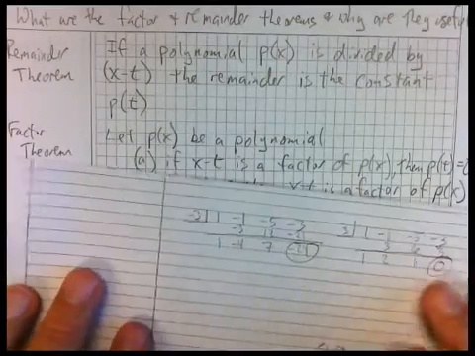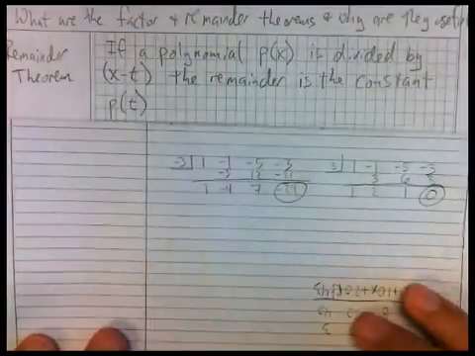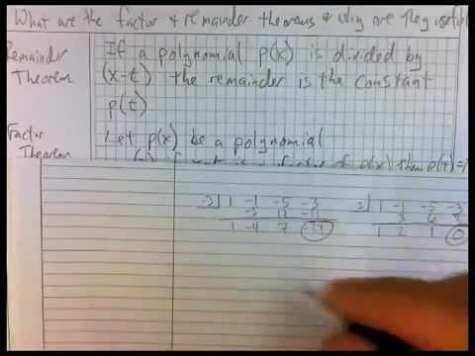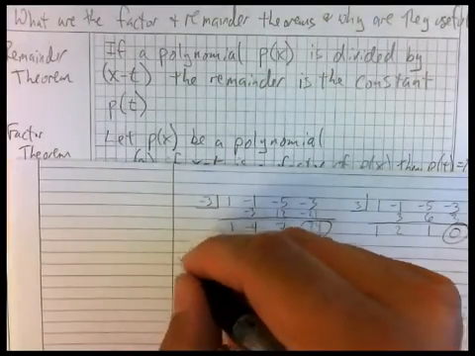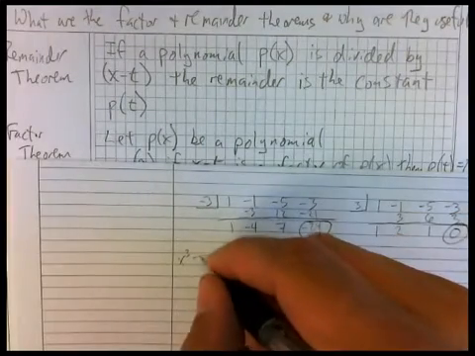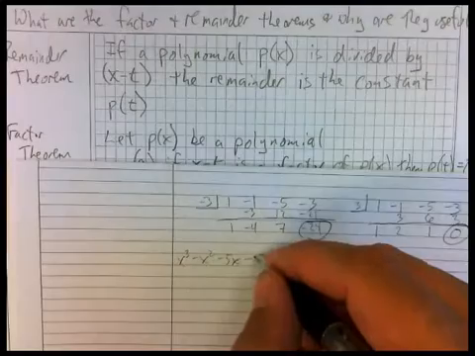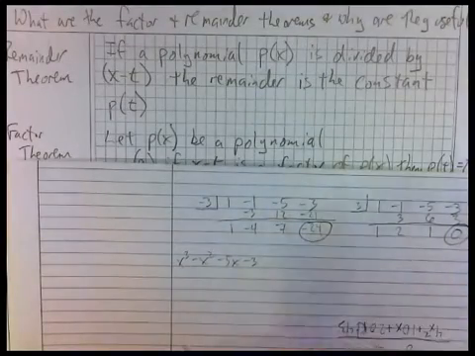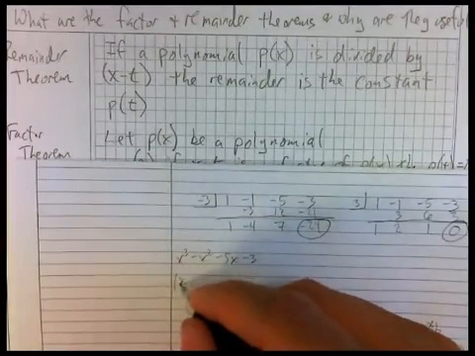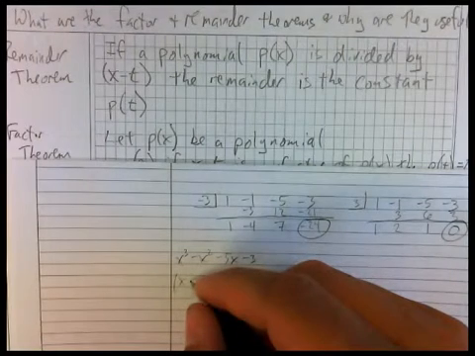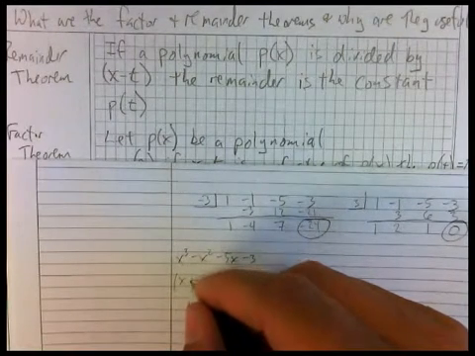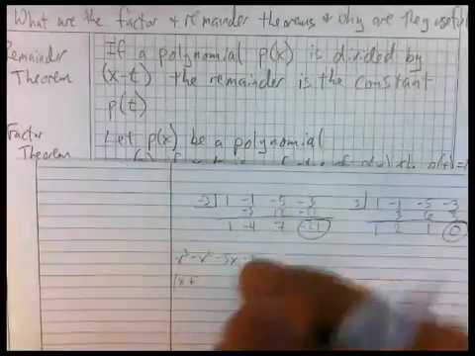So here's what that means. That original expression that I had, x cubed minus x squared minus 5x minus 3, is equal to x minus 3, sorry.